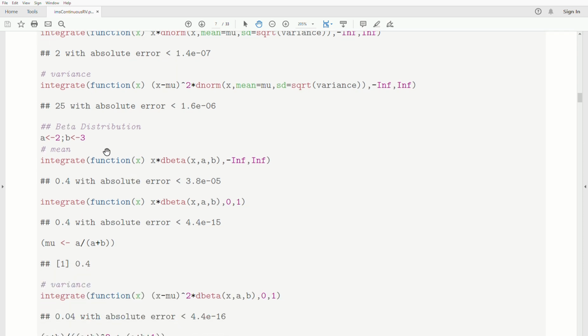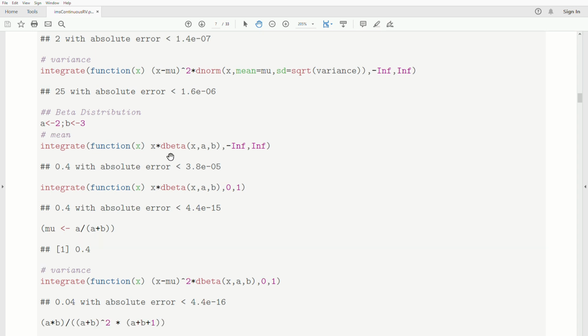Now let's go to a beta distribution. It's a 2-parameter distribution. It needs alpha and beta. We're going to let alpha be 2 and beta be 3. We're going to integrate x times the beta density over all possible values, and we get 0.4. I'll show you that that's correct in a second.